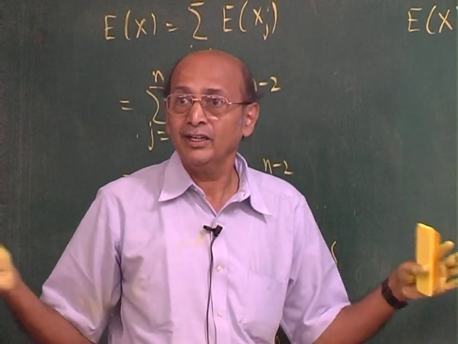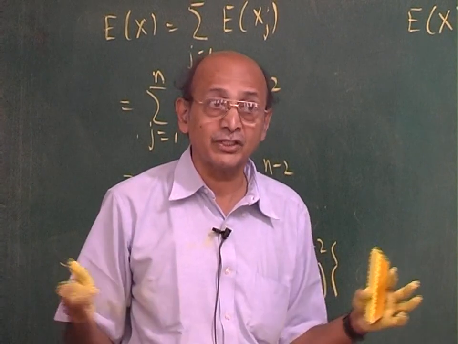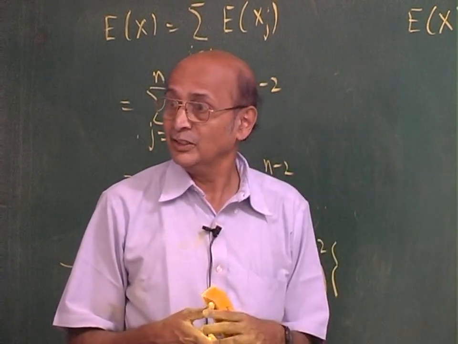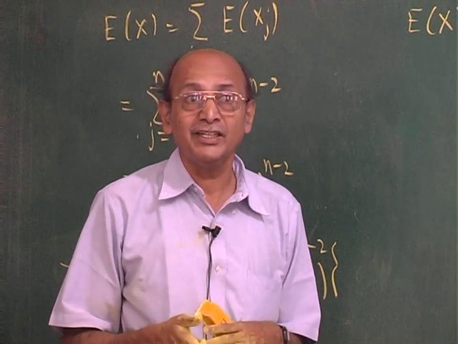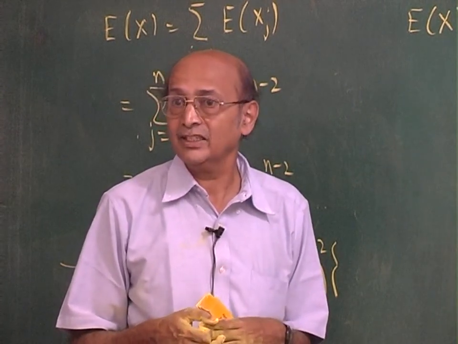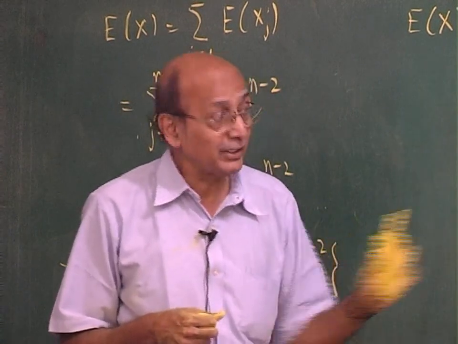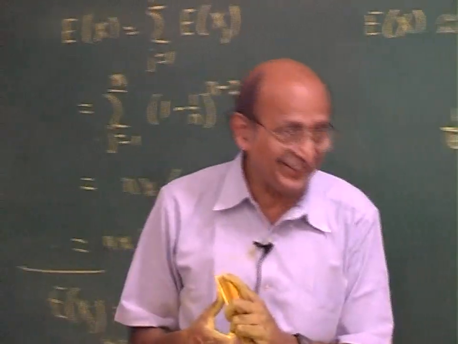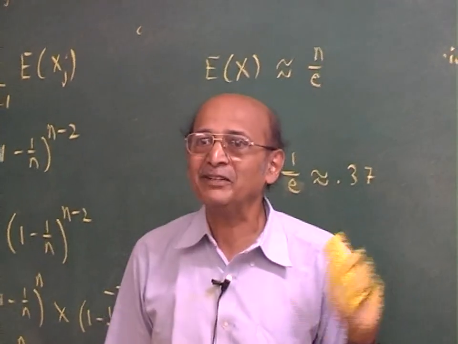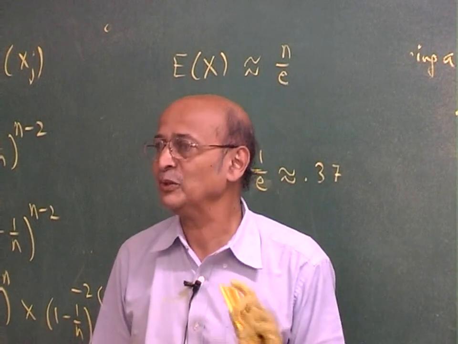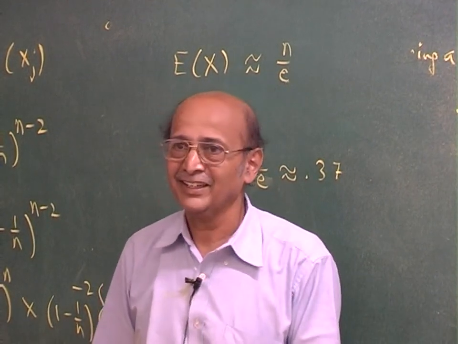If you have a randomly chosen tree on 1000 vertices, it will have as many as 370 leaves. So the number of leaves actually is very significant. Is it clear? A result which, without this computation, would have been very difficult to imagine. Okay?